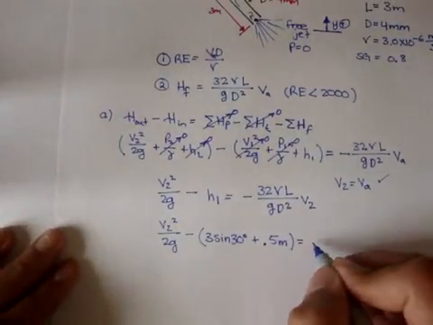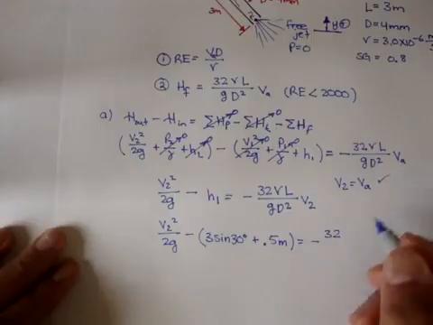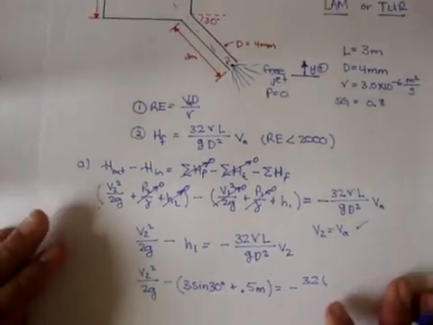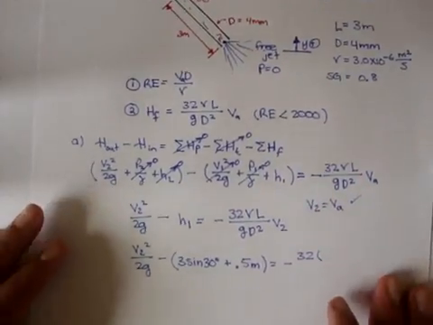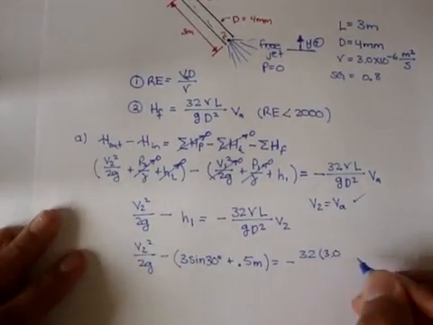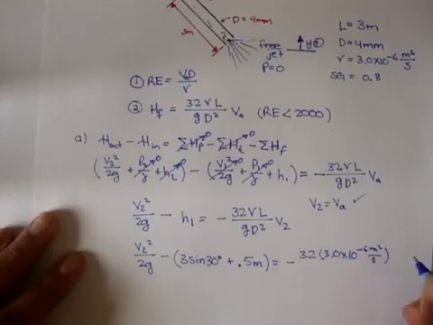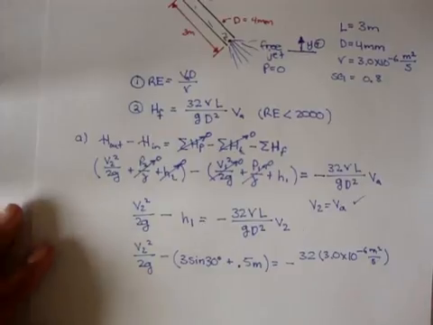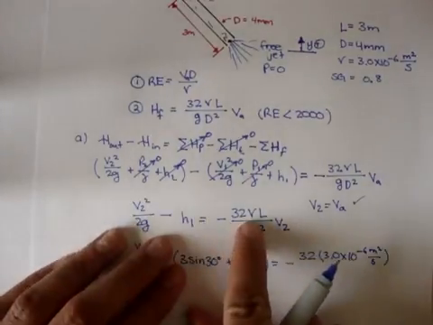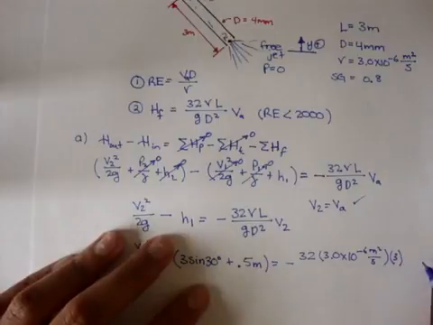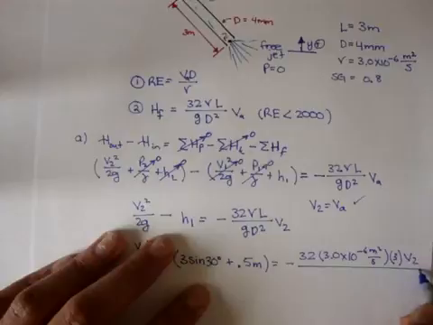And that's equal to negative 32 nu. Nu we said up here to be 3.0 times 10 to the negative 6 meters squared per second. L, the length of the pipe, is 3 meters, and then velocity 2 is what we're trying to figure out.